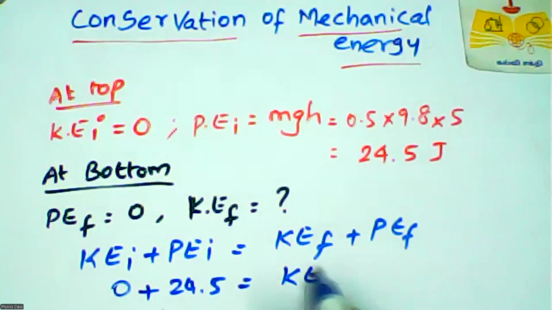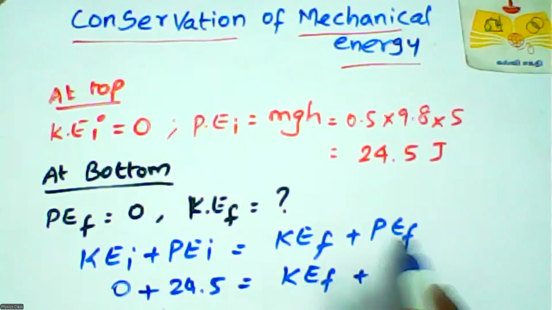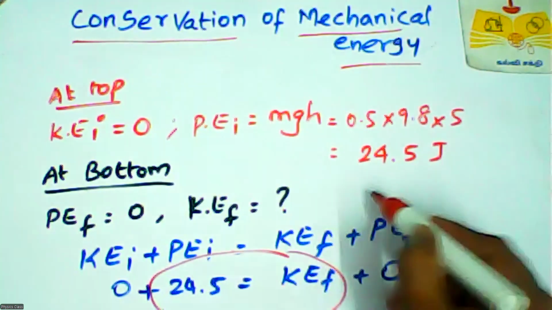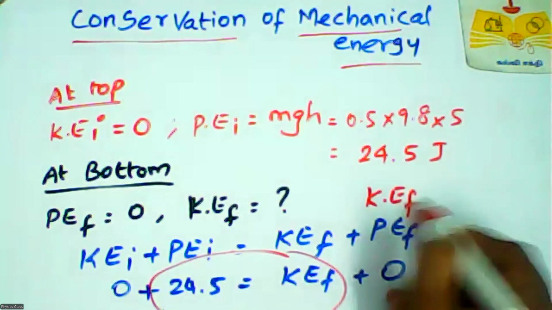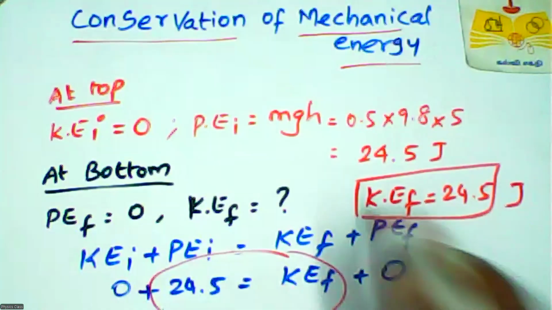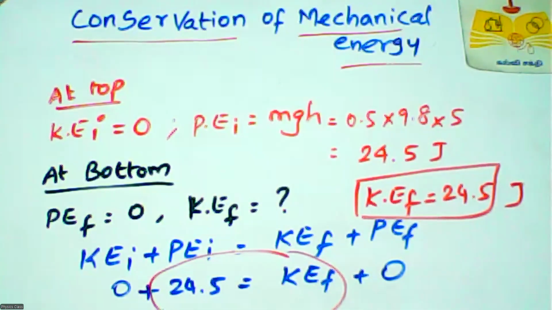KEF we have to find. Potential energy final is 0. So the answer: kinetic energy in the final state is 24.5 joule. This is the kinetic energy of the block when it reaches the bottom of the incline.